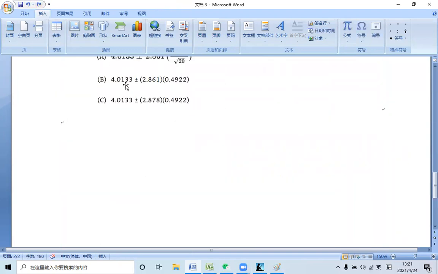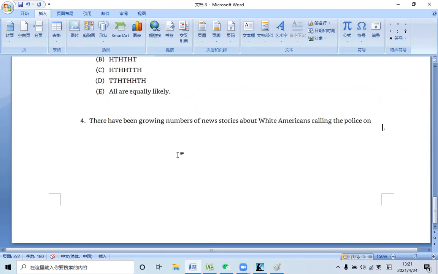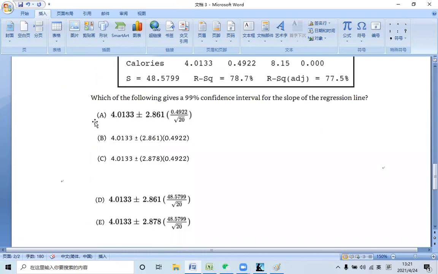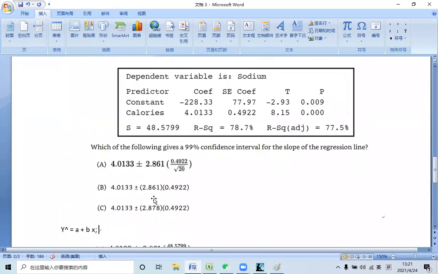Let me add something here. Add a space. So predicted y, y-hat, equals a plus b times x. I want to replace a and b.